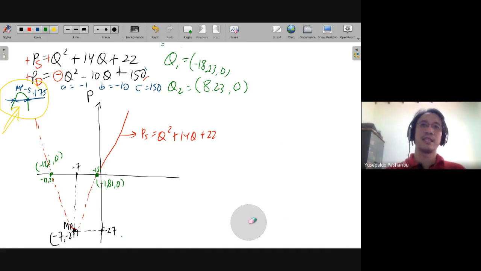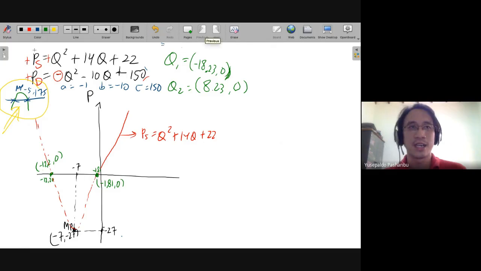Now we can draw this parabola too, with the maximum point and minimum. But before we draw it in one graph, we need to see the intersection between those functions.